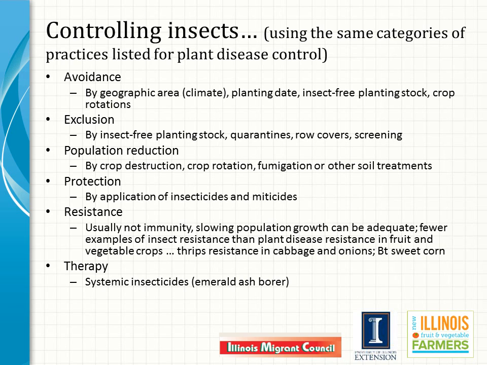Insecticides and miticides protect plants by killing pests in treated fields. There are fewer examples of insect-resistant cultivars than disease-resistant cultivars, but thrips-resistant onion and cabbage cultivars are available, and Bt sweet corn cultivars kill caterpillars that otherwise infest stalks and ears.